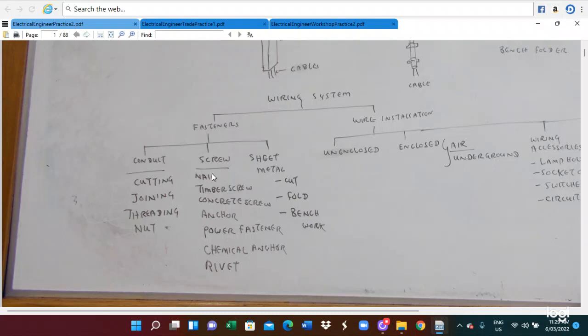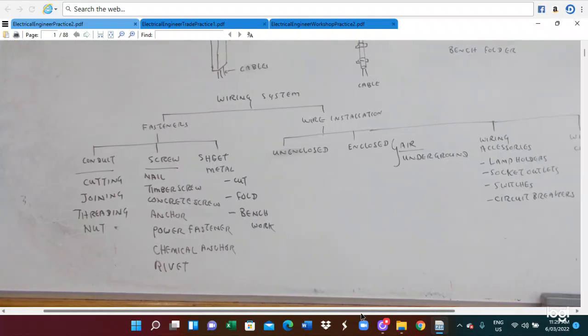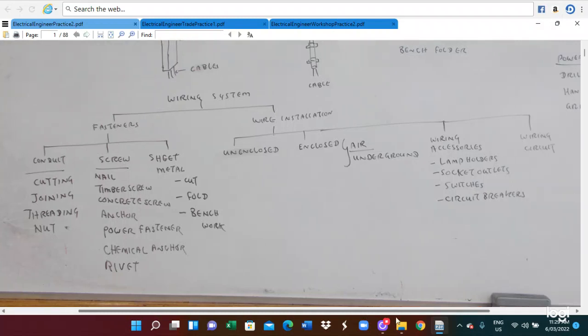In the meantime, the conduit needs to be screwed to the wall by means of screws. Screwing includes the nail or timber screw, concrete screw, anchor, power fastener, chemical anchor, and rivets. Those are the equipment and devices to fasten the conduit on the wall.